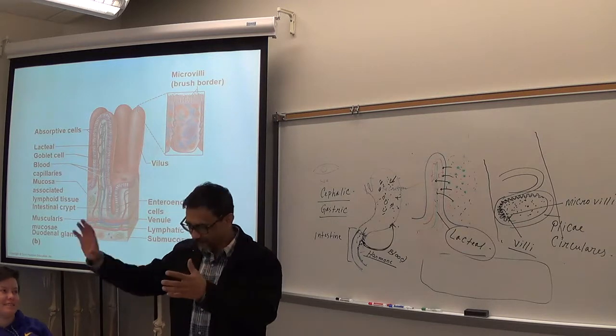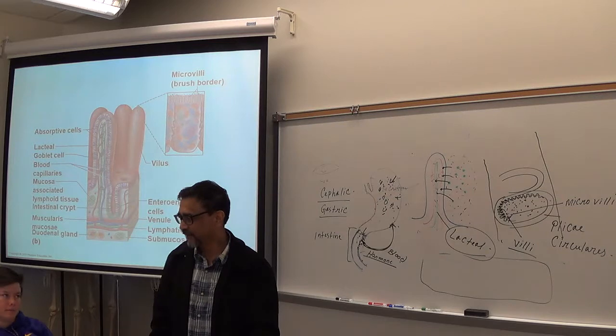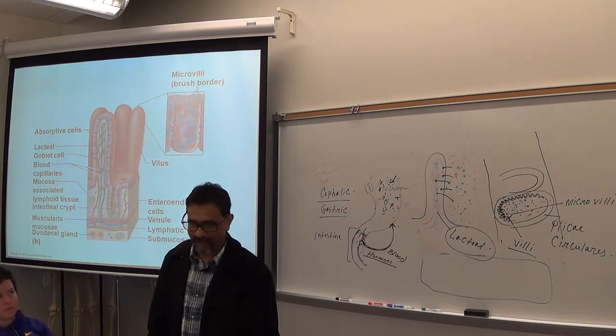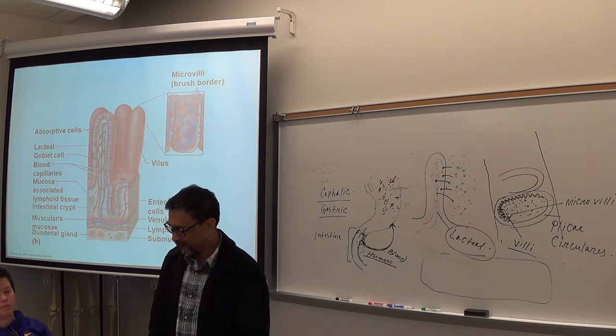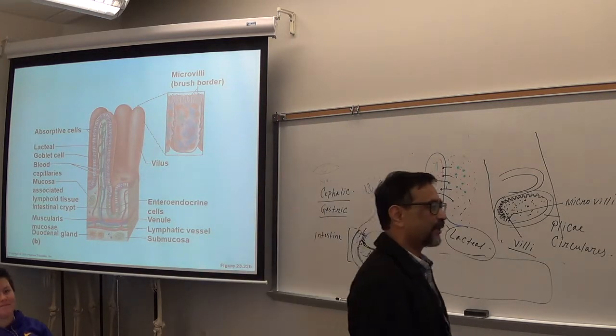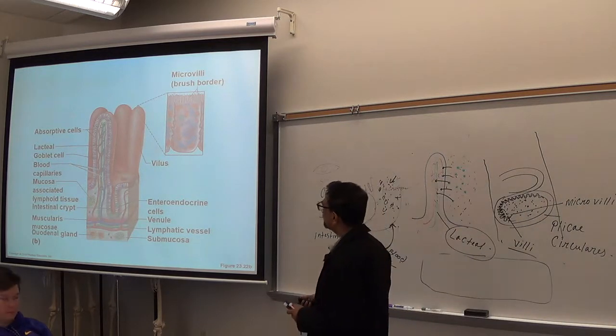So basically, from the lymph, the fat is entering into the blood. Make sense? So it goes through the lymphatic system, but enters into the blood continuously, right? So that's not a big problem. Make sense? So that's how the nutrients are absorbed.